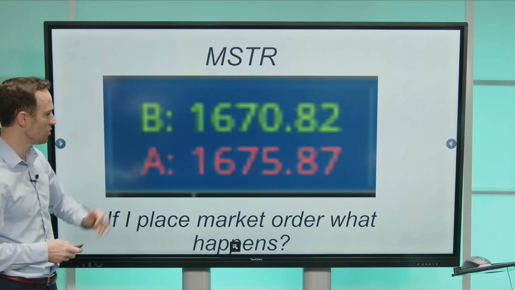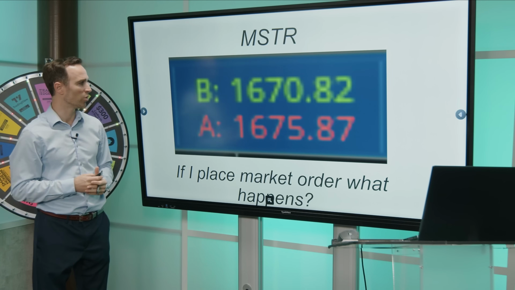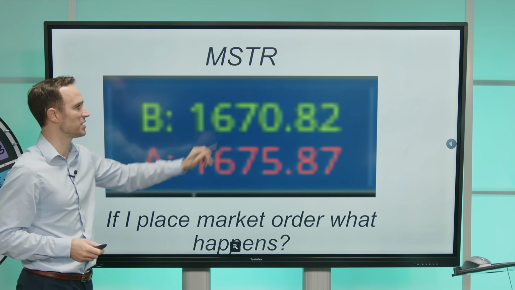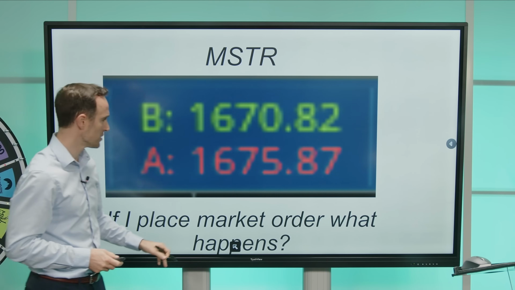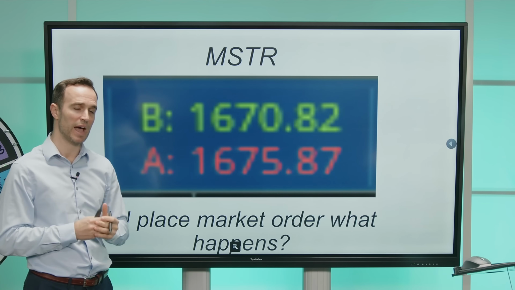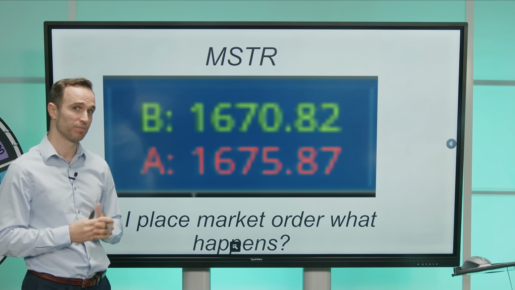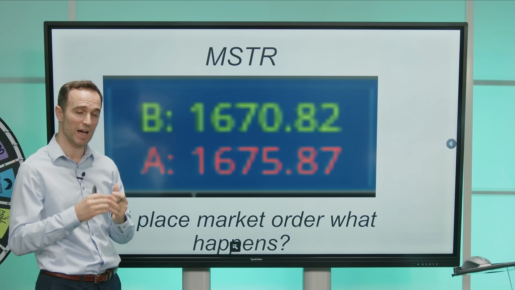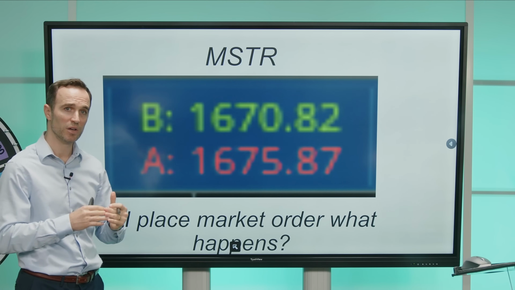So let's say that you place a market order to buy this stock, and let's say you want to buy here at $16.70. If you want to get into this stock, what price will you get in at if you put a market order in? You'll get in at $16.75, so $5 higher than you wanted to.